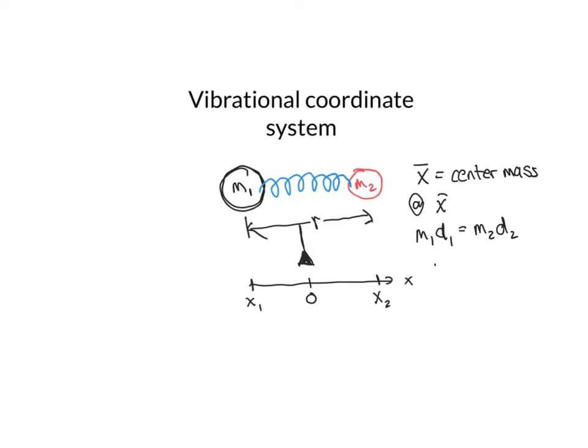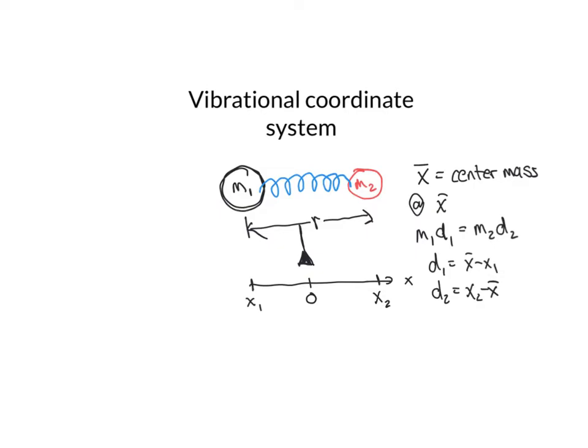Notice that D1 is X bar minus X1, and D2 is X2 minus X bar, because I want the positive distance. Since X1 is negative, I have to subtract that from X bar to get this distance here. And since X2 is positive, I subtract X bar from it to get this distance here.